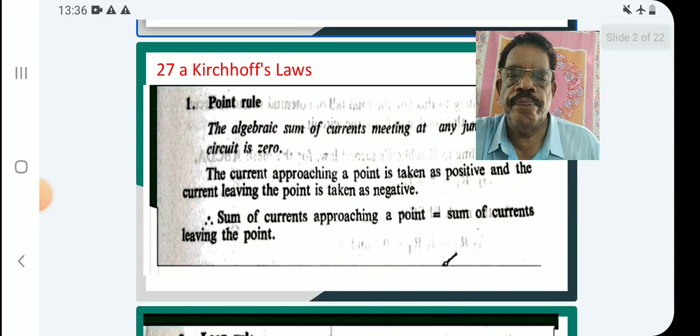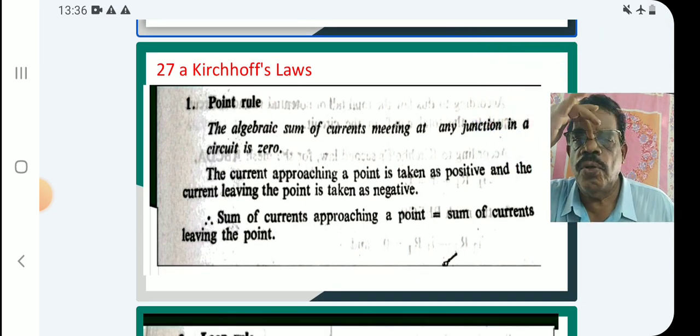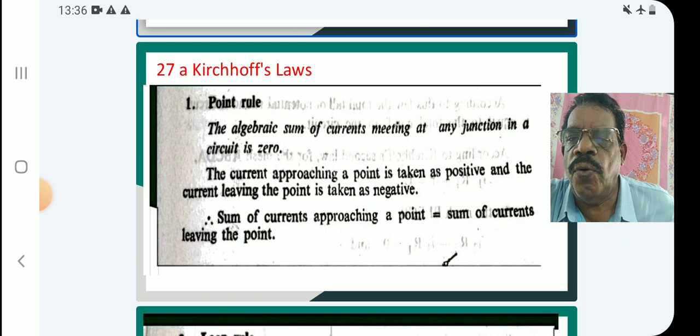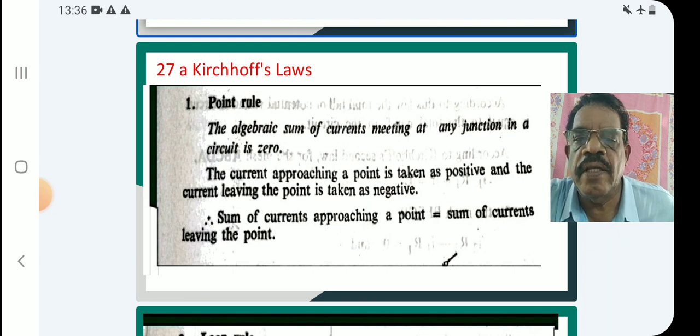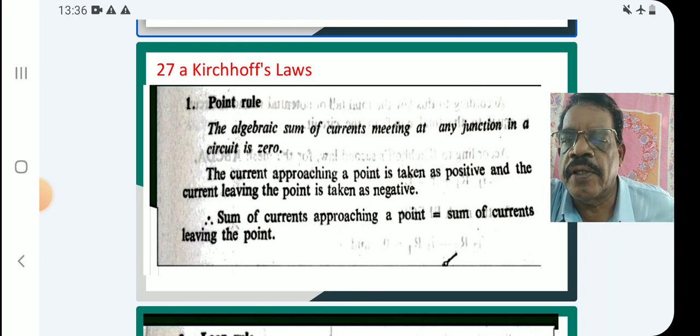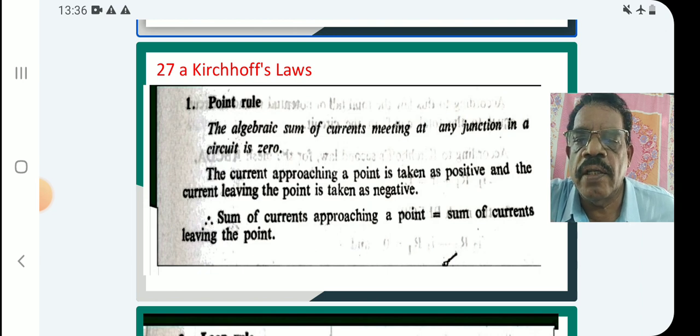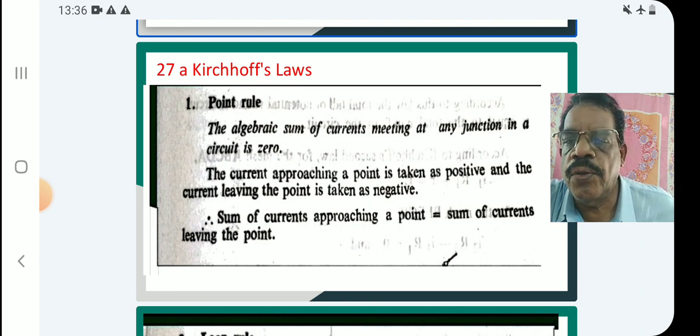Kirchhoff's laws. There are two laws due to Kirchhoff. Number 1, junction rule: the algebraic sum of the currents meeting at any junction in a circuit is 0. That is, the current approaching a point is taken as positive, and the current going from a point is taken as negative.